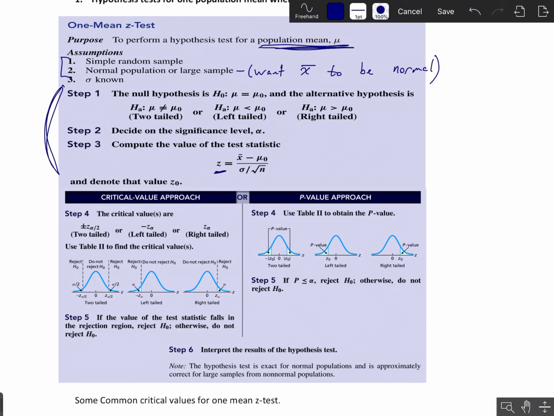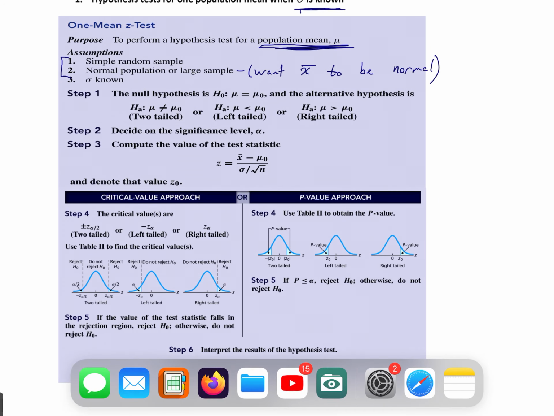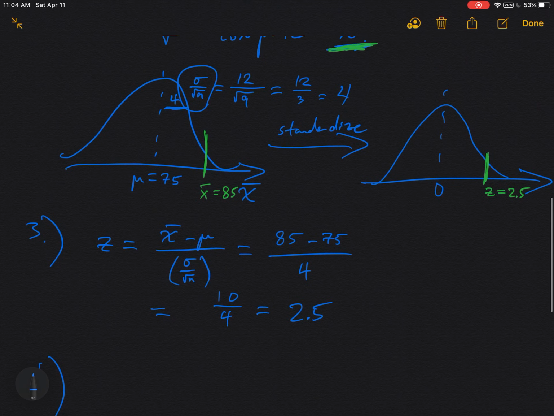And then we just finished computing the test statistic, which is just this z-value. So next we're going to have 2 different approaches. These are equivalent, so they'll come up with the same answer at the end, the answer being whether or not to reject the null hypothesis. There's this critical value approach where you compare z-values, and there's the p-value approach where we compare areas. So I'll talk through both of those.